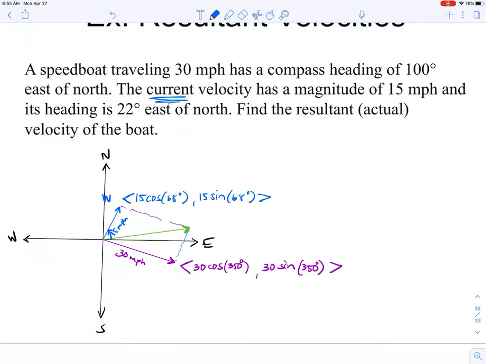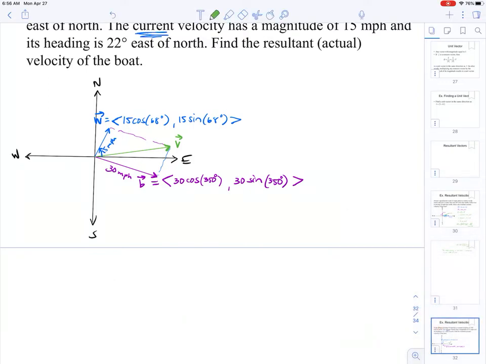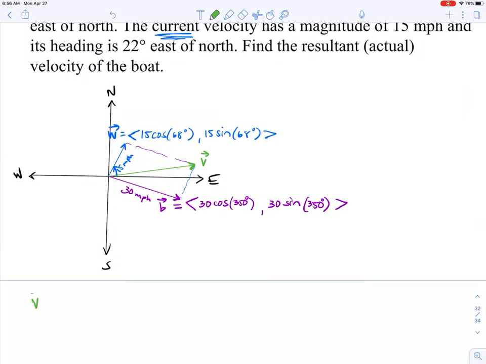Okay, so I'm going to call the vector that represents the water's velocity vector W, and I'm going to call the boat's vector vector B, and let's find vector V, which will represent the actual velocity of the boat. I'm going to give myself a little bit more space again.